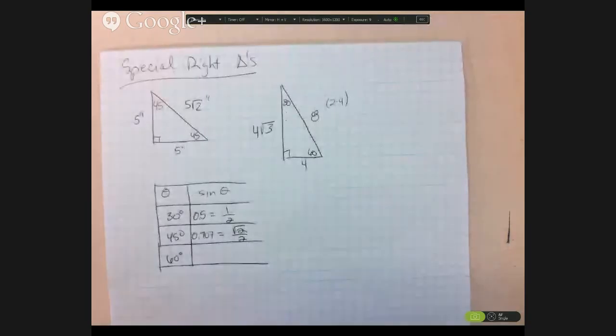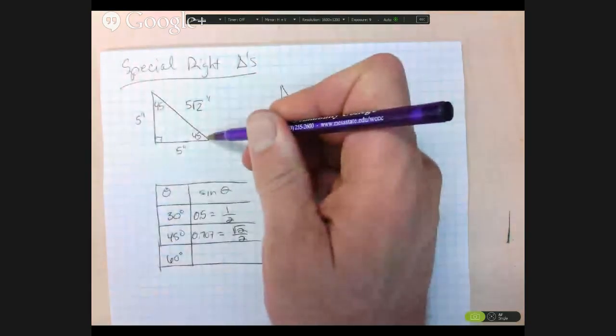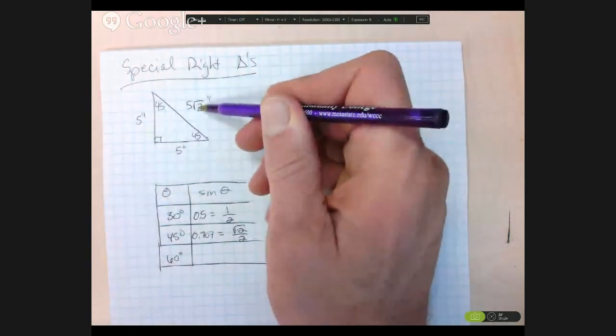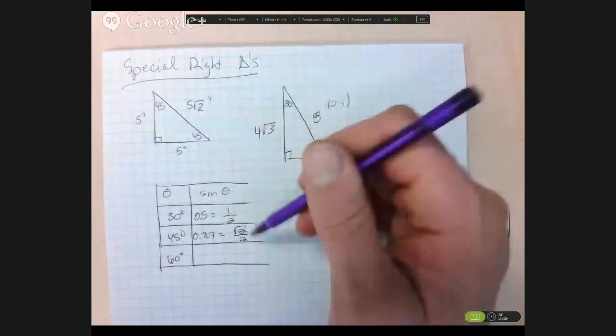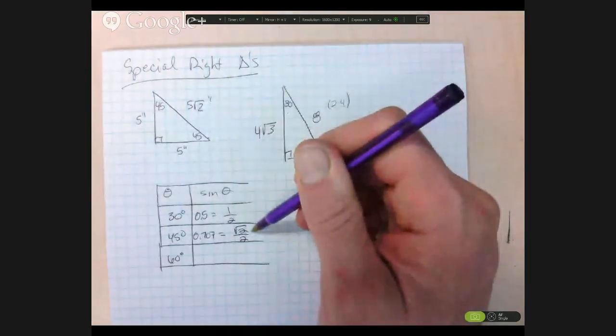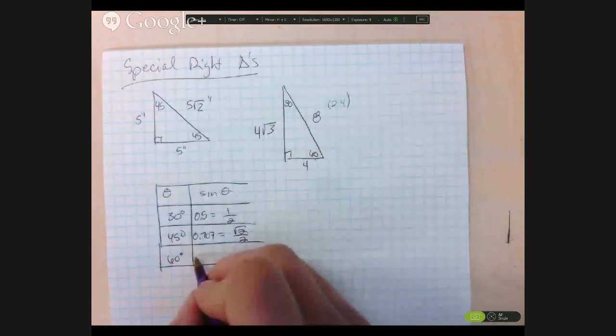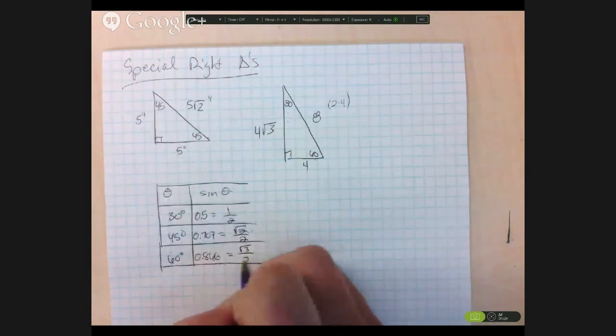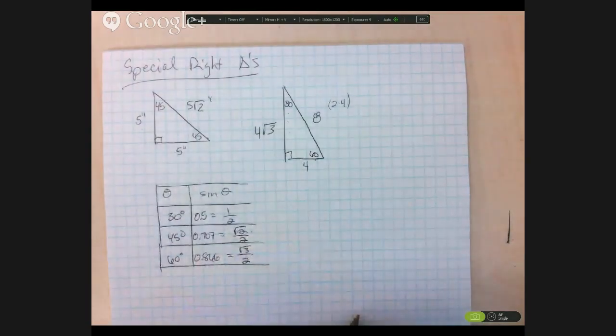Now check this out. Sine of 45, opposite over hypotenuse, and it simplifies down to this. And I believe 60 is 0.866, which is root 3 over 2.